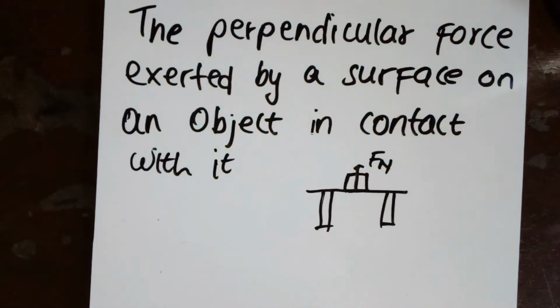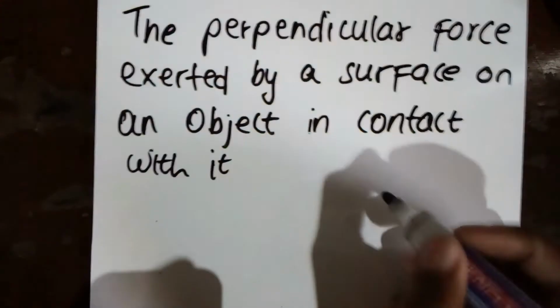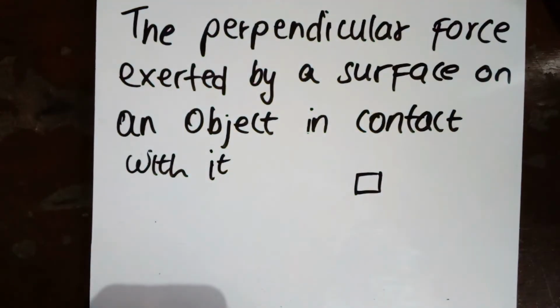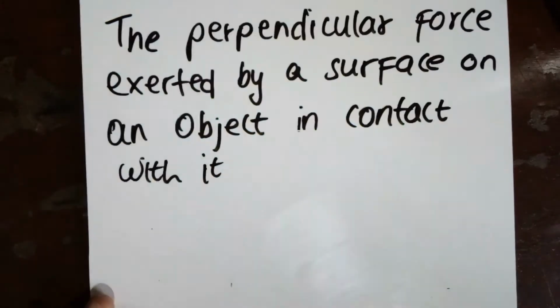If this object is not in contact with anything, with the horizontal surface, then there would not be a normal force. So you should be able to know this definition.